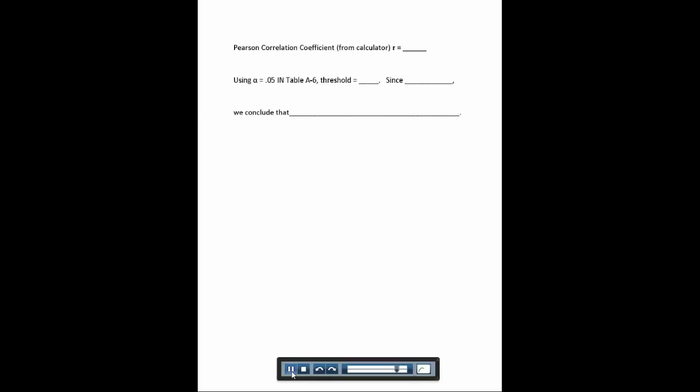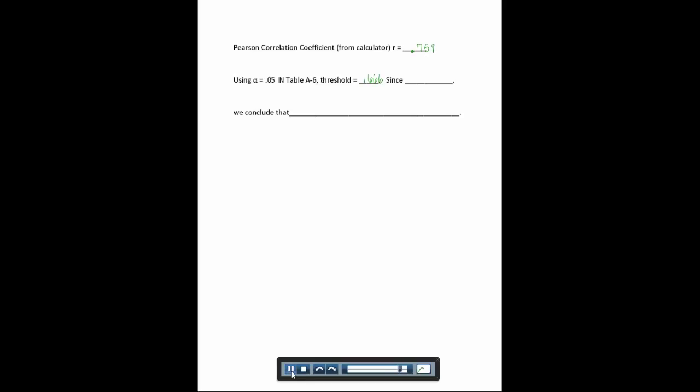After you put the circumferences in L1 and the heights in L2, and you did Stat over to Calc, LinReg ax plus b, the R value we get is 0.758. Now you want to pull out Table A6, which again is in your course formula sheet or in your book. We had 9 trees, so you'll use alpha as 0.05 and go down to 9, and we get that the critical value is 0.666.